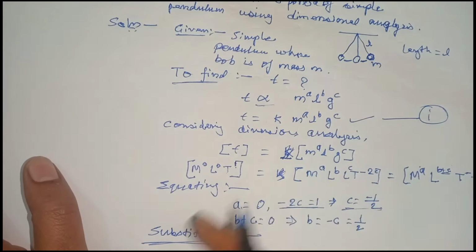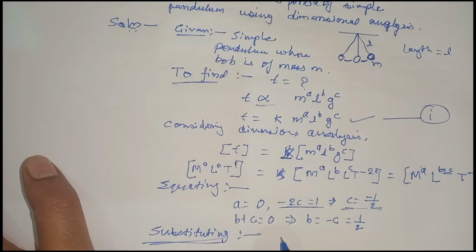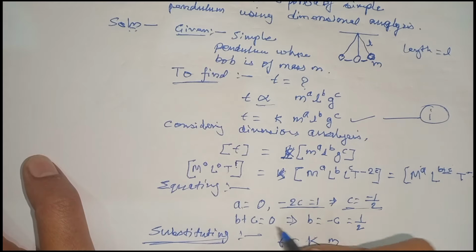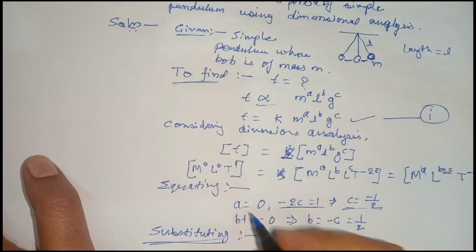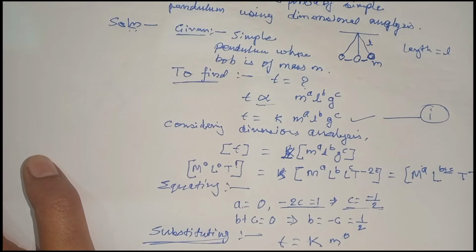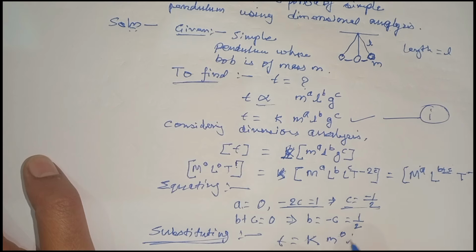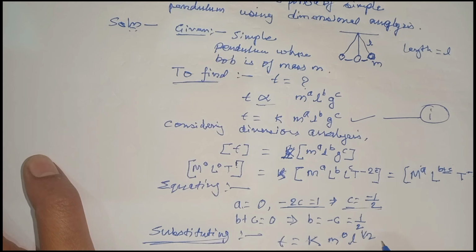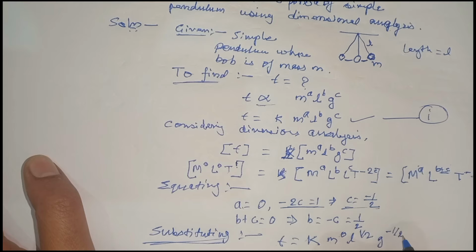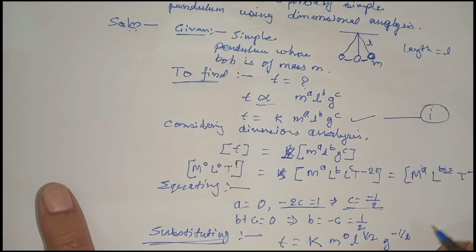When we put them in, T equals K m to the power a, where a is 0, L to the power b, which means L to the power half, and G to the power c, where c is minus 1 by 2. We will get this as an expression.